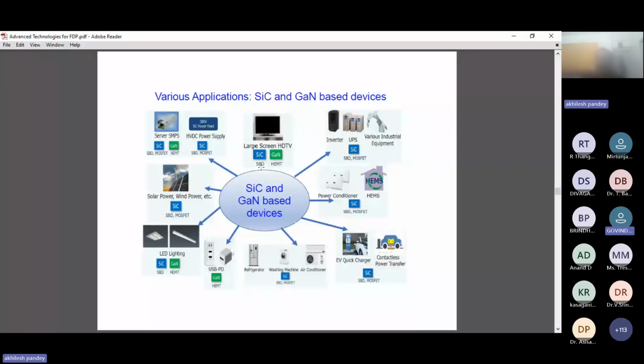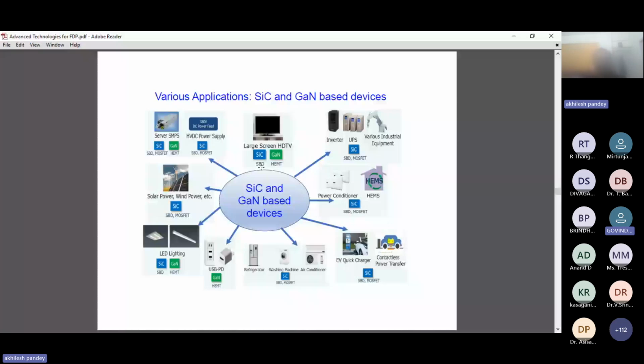inverters, UPS, and various industry equipment. Silicon carbide based Schottky barrier diode and MOSFET are used for home energy management systems. Basically, silicon carbide Schottky barrier diode or MOSFET have been used for electric vehicle quick chargers. Silicon carbide for contactless power transistors.